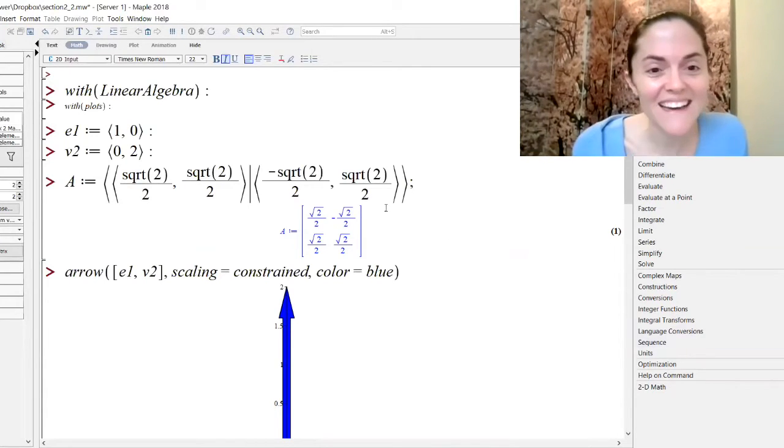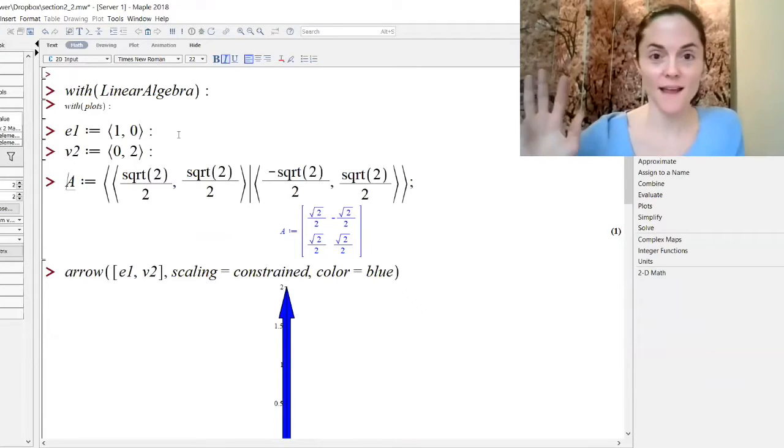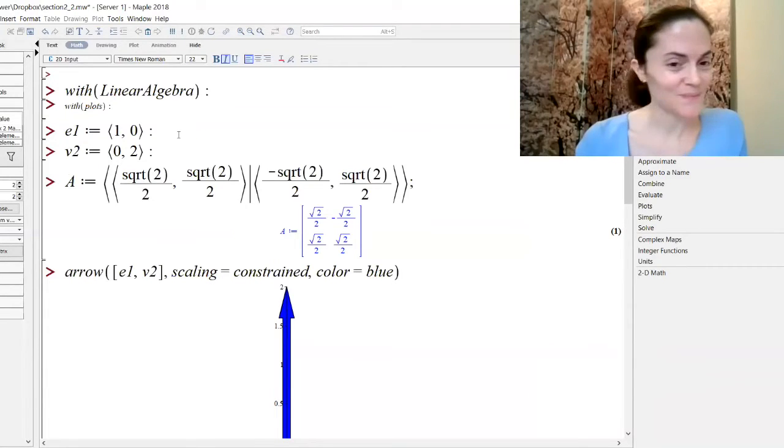Okay, so here, I'm going to have this standard L, and then we're just going to look at what happens out of the transformation, but we'll also think about what's happening to figure out if it's preserving lengths.